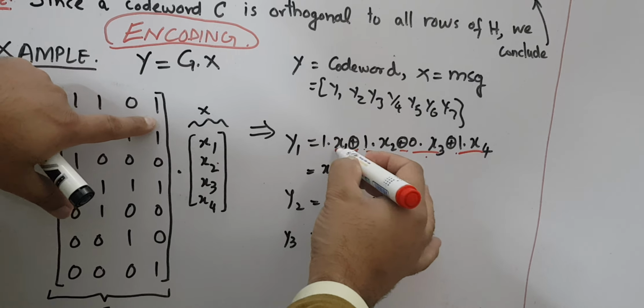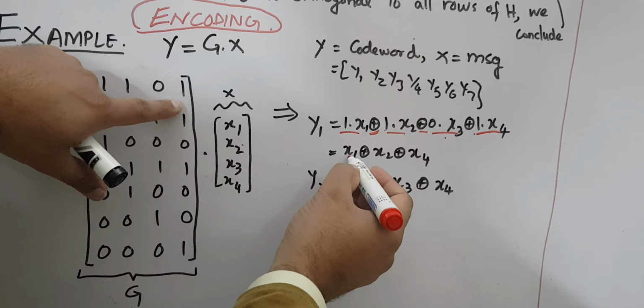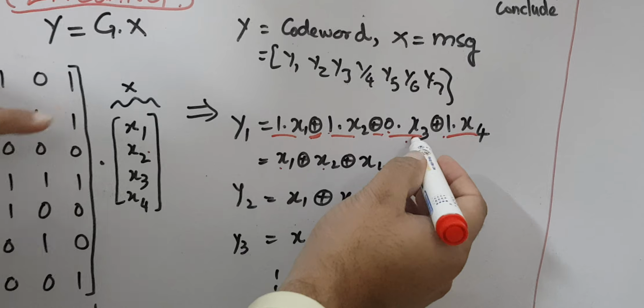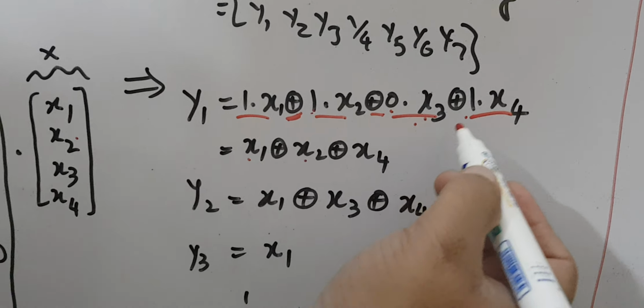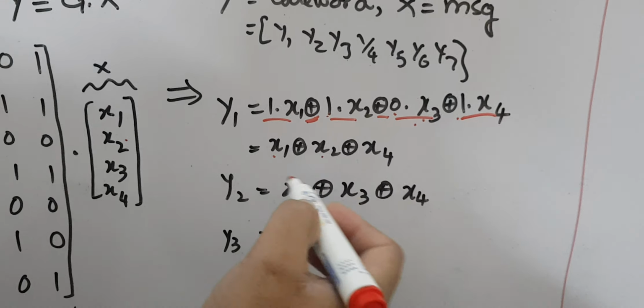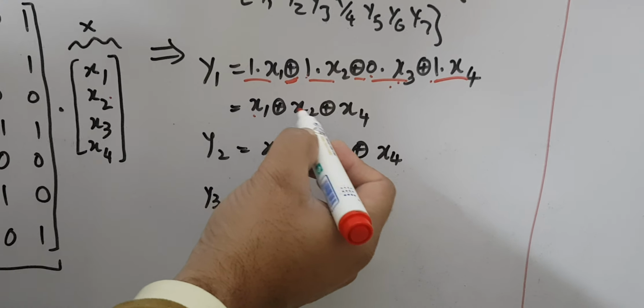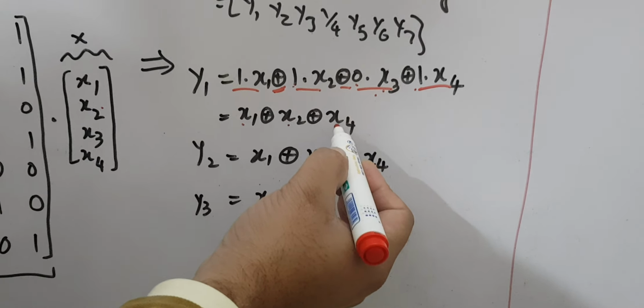So 1 multiplied by x1 is x1, 1 multiplied by x2 is x2, 0 multiplied by x3 is 0, and 1 multiplied by x4 is x4. So y1 is equal to x1 XOR x2 XOR x4.